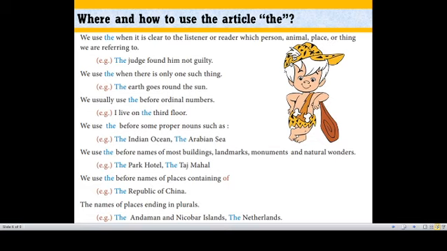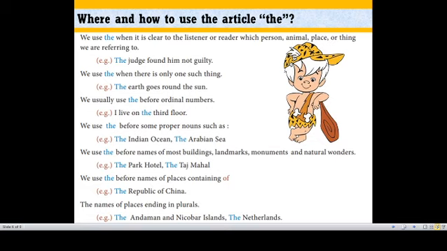We use the when it is clear to the listener or reader which person, animal, place or thing we are referring to. So நம்ம யார் லிசனரையோ அல்லது ரீடரோ, விச் பர்சன், விச் அனிமல், விச் பிளேஸ் அப்படிங்கிறதை கிளியராக ரெஃபர் பண்ணுறப்போ, அது கிளியராக இருக்கிறப்போ, we can use the definite article the. இன்னும் சொல்லணும்னா when we point out a particular thing, ஒரு விஷயத்தை பர்டிகுலராக பாயிண்ட் அவுட் பண்ணுறப்போ then we can use the definite article the.